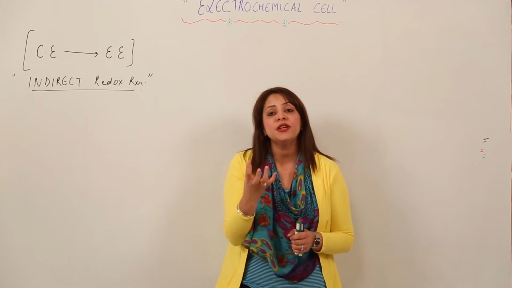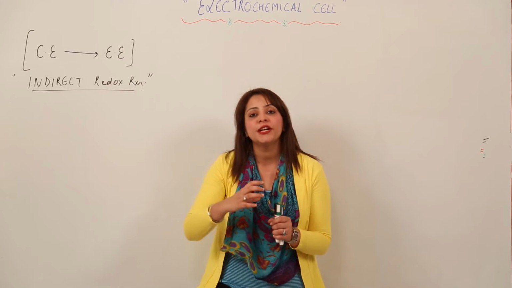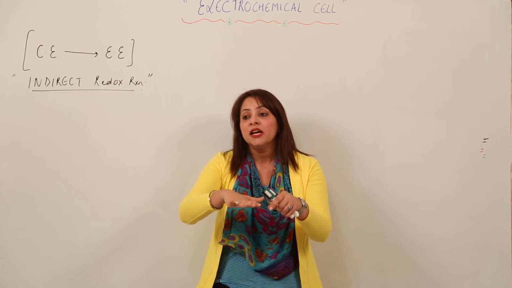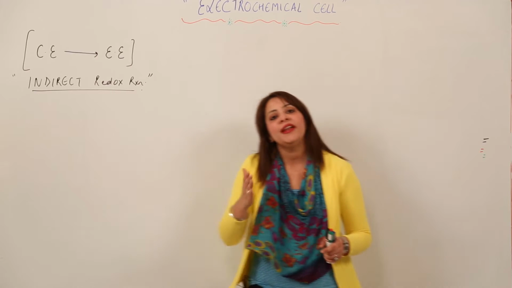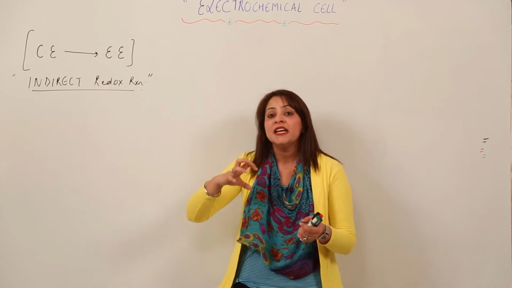That means oxidation and reduction occur in the same beaker, or you can say the atoms which undergo oxidation or reduction are present in the same beaker. They are not present far from each other, they are in close contact. So whenever a direct redox reaction takes place, we do not get electric energy.